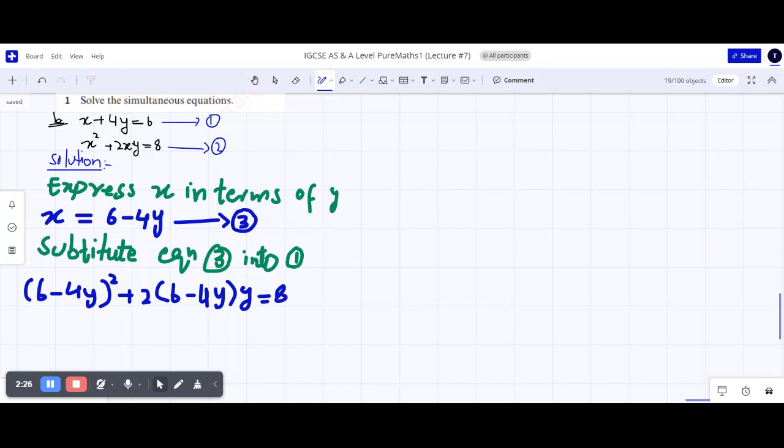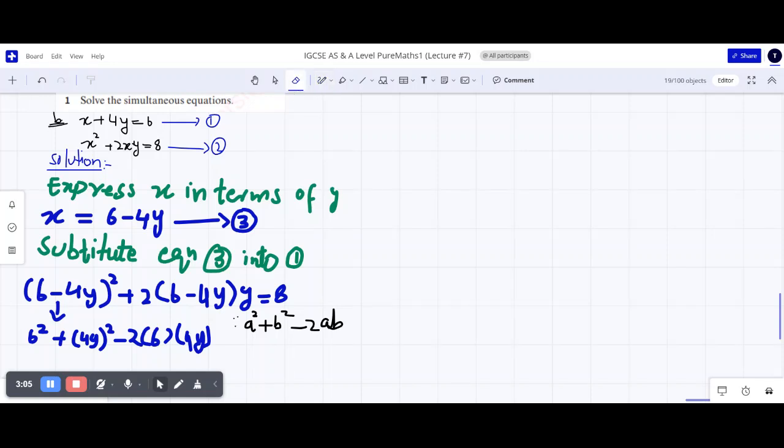Now we will expand the brackets. In place of this we use the algebraic formula (a minus b) whole squared, which is a squared plus b squared minus 2ab, because the sign between them is minus. So a is 6 and b is 4y: 6 squared plus (4y) squared minus 2 into 6 into 4y.